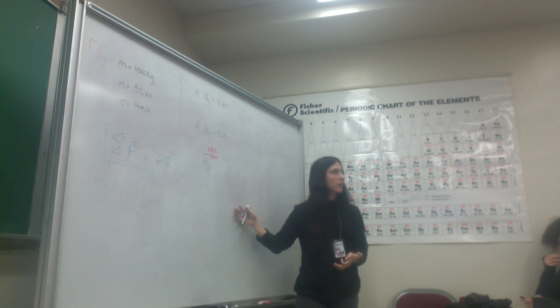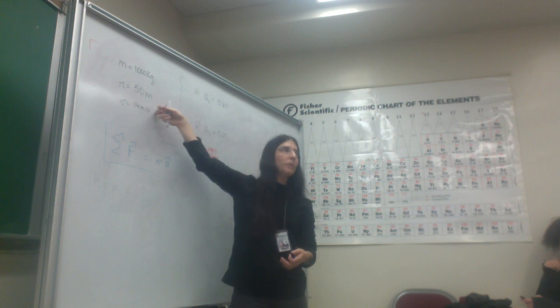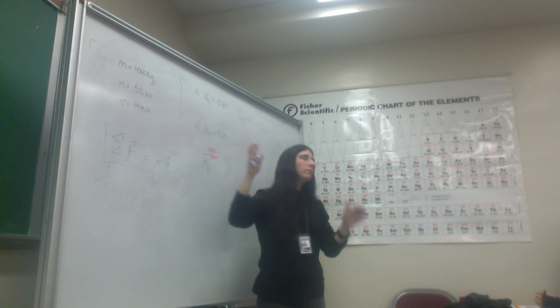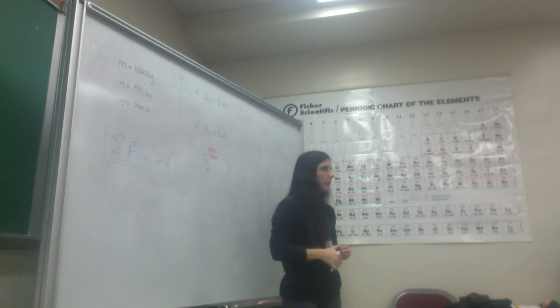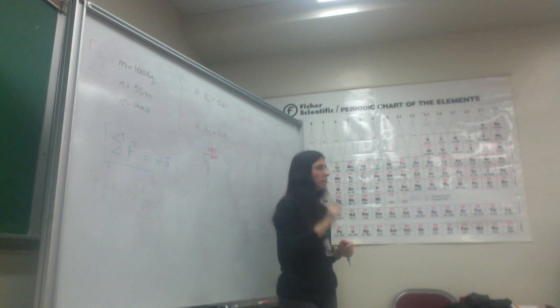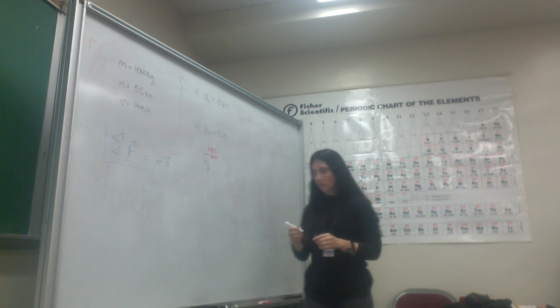What is the a here? The a is determined by the speed. So if it's larger or equal to this ma, then I'm safe. Then I have enough friction to stay on this motion. Did everybody get this or not?